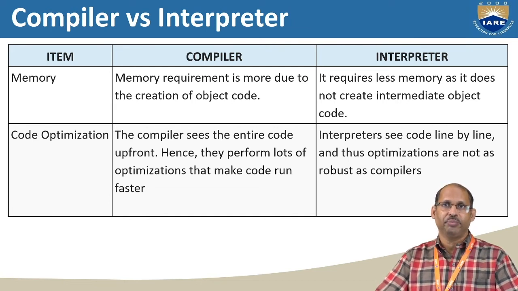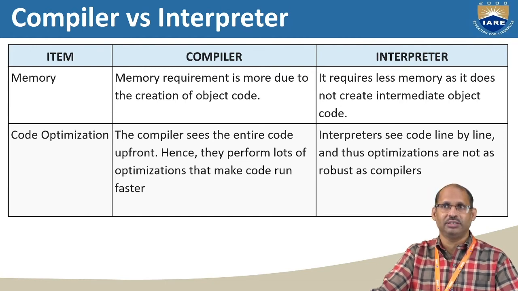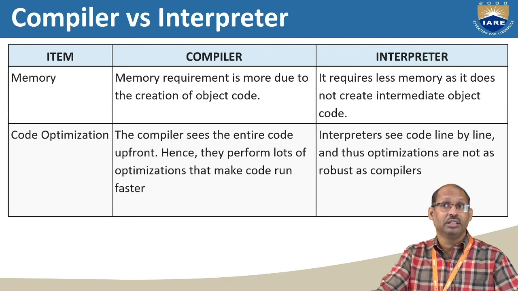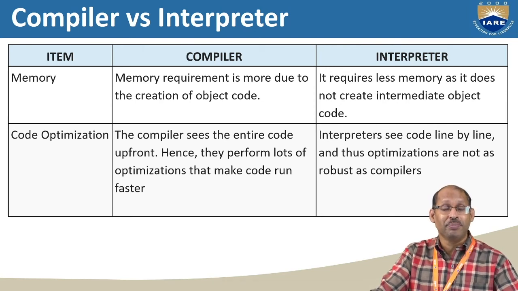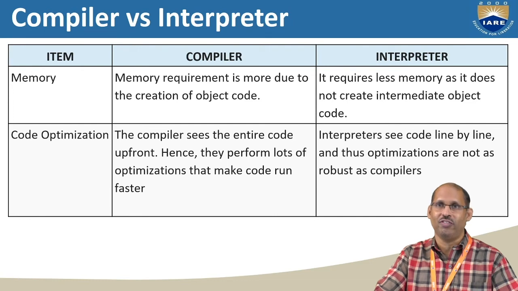Then code optimization. The compiler will read all the statements at a time so that it can know what are the next statements, what are the next operations, so that we can perform the optimizations, minimize the code, combine the task, reduce the task such that execution will be much faster.